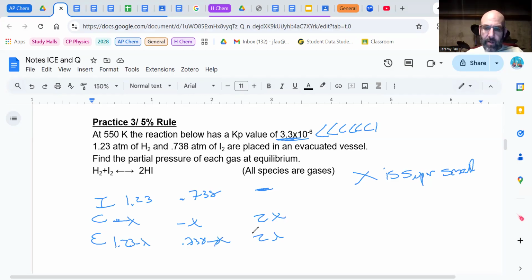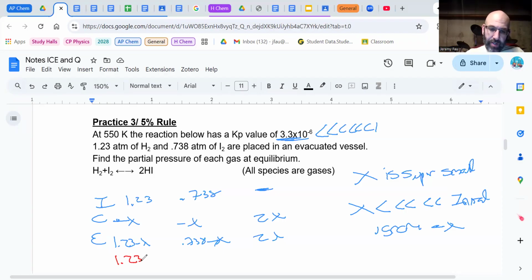X is thought to be so much smaller than the initial values that we just ignore the minus x. This becomes just 1.23. We can just forget about that. This becomes 0.738. We can just forget about that.